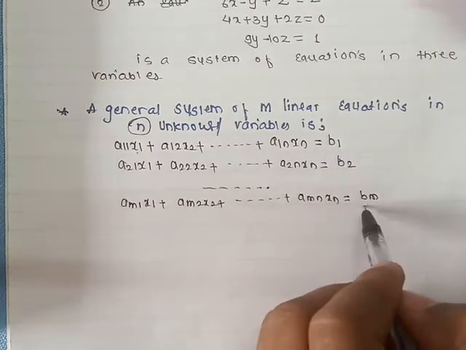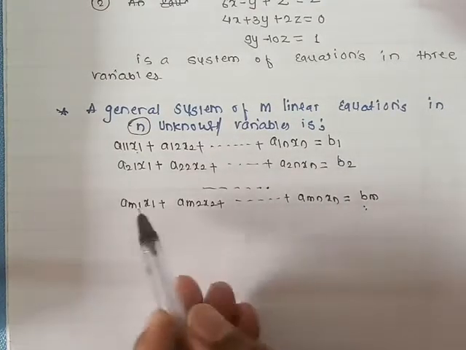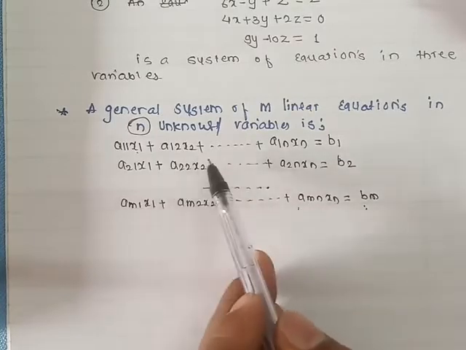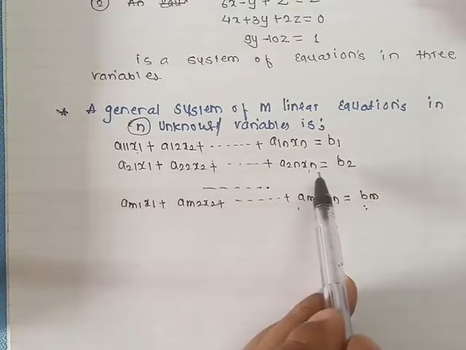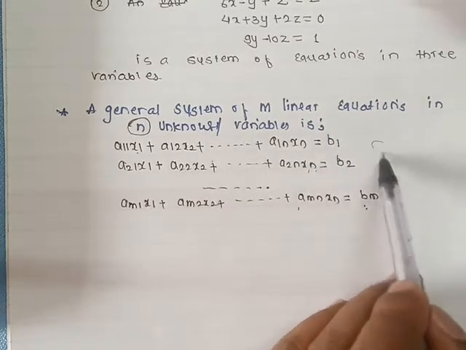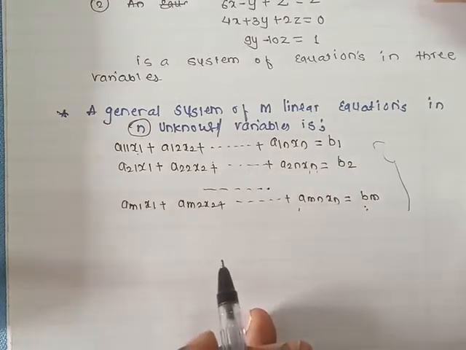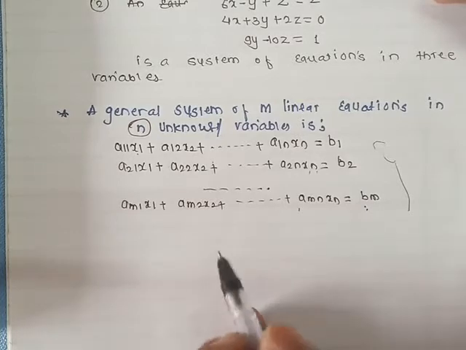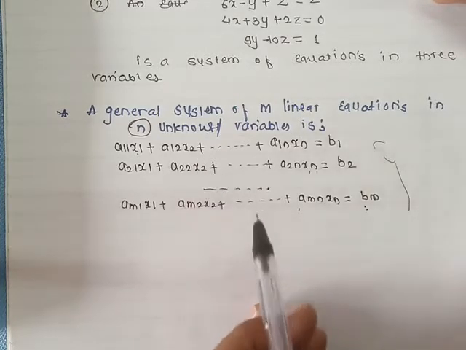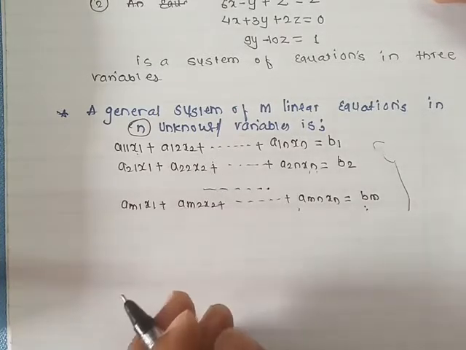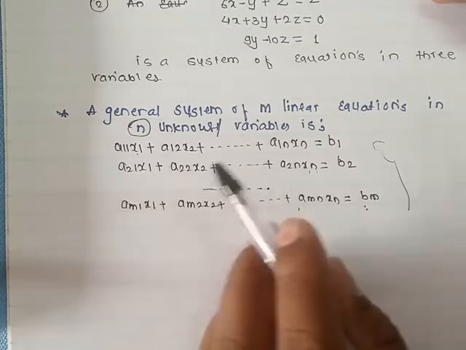How many equations are there? m equations. And how many unknowns are there? x1, x2 and xn. So n unknowns are there and total m equations are there. So this is called a system of m linear equations in n unknowns.